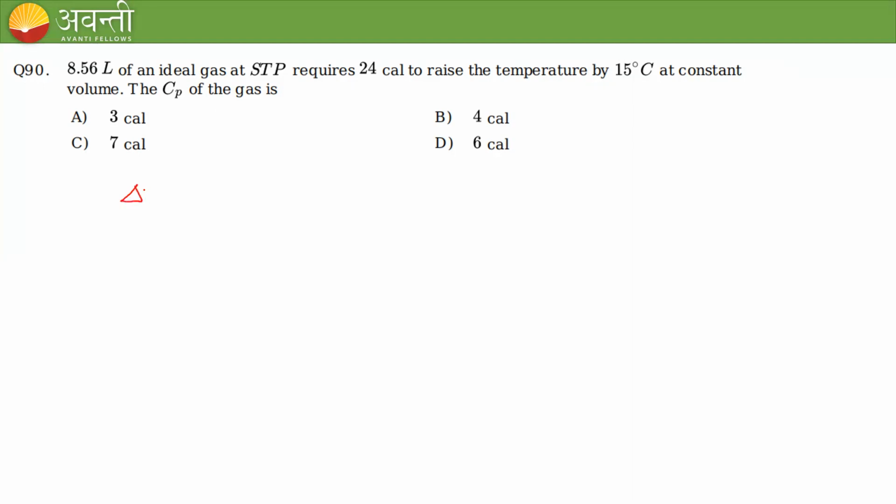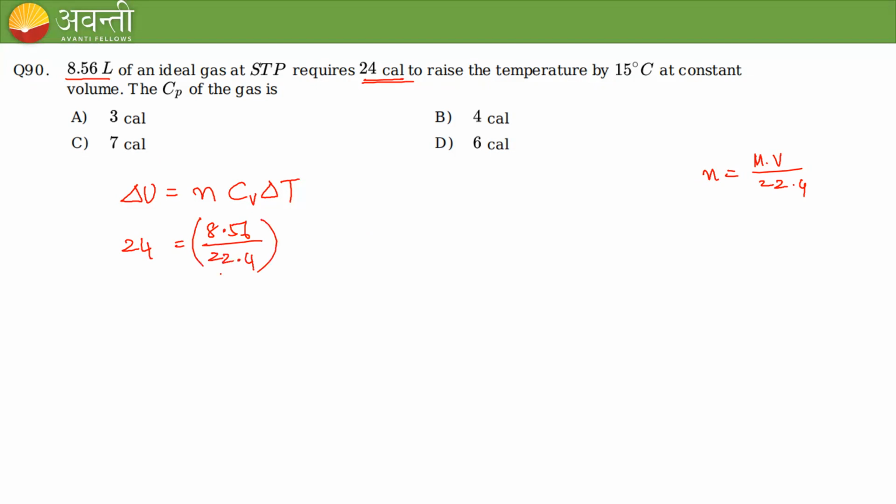We know that delta U is equal to n Cv delta T, and delta U, the energy, is 24 calorie. The number of moles is nothing but the mass by molar mass, or here in terms of volume, the volume divided by the molar volume 22.4. So it is 8.56 divided by 22.4, and this is the number of moles.